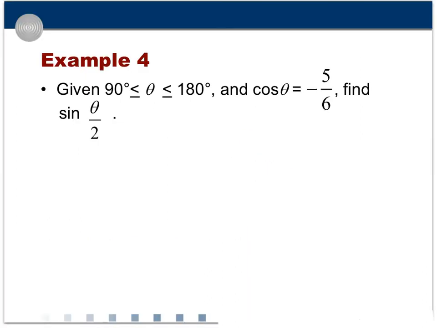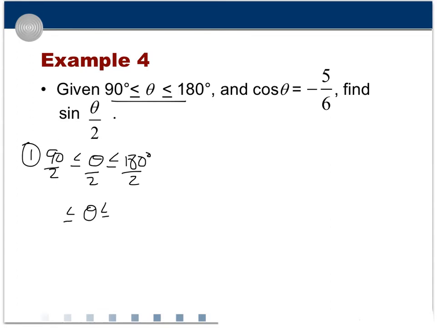Okay, so we got another example here. So first thing, positive, negative. I'm going to look at this and ask, is this a positive or a negative quadrant? Here's something we should think about. If I'm in the second quadrant, which this is, and I divide it by 2, then I'm going to end up in the first quadrant, right? My half angle is going to be somewhere between 90 degrees and 45 degrees.